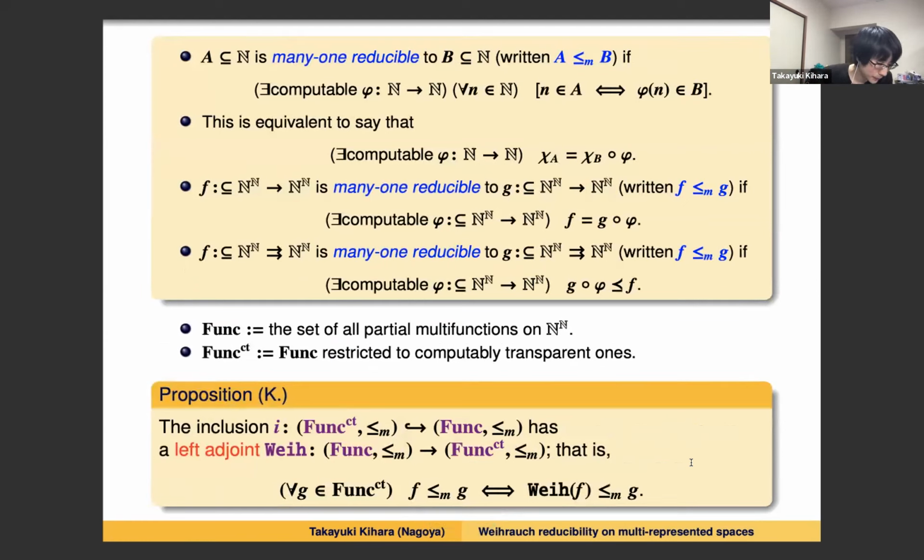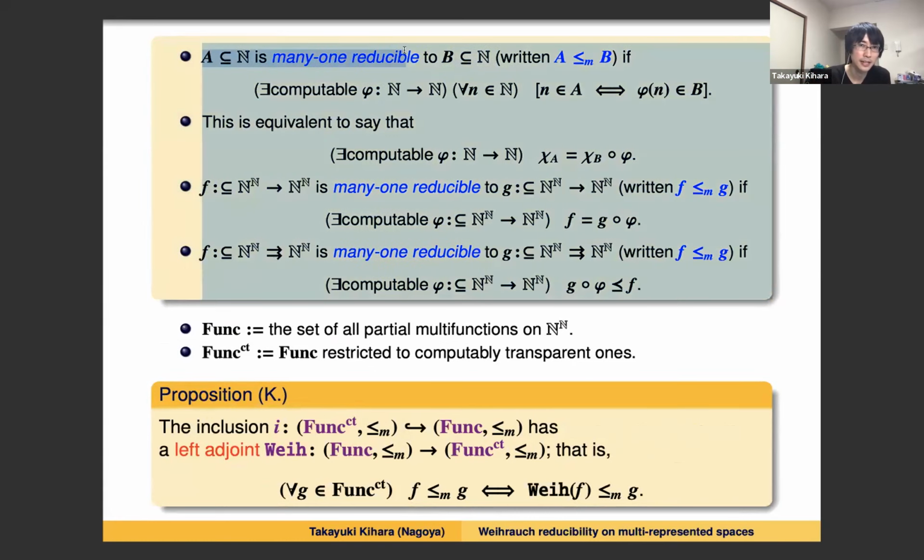Okay, so next we will discuss a generalization of many-one reducibility. Many-one reducibility is usually defined for subsets of the natural numbers.